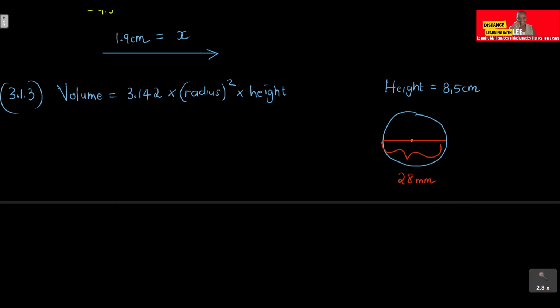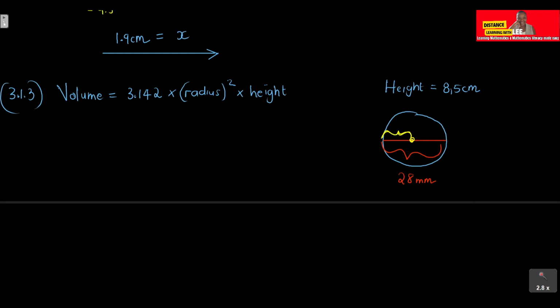All right, so that is the diameter. However, we do not want the diameter, guys. We want the radius, so the distance from the circumference to the center of the circle. And how do we get the radius of the circle? The radius is simply the diameter divided by 2.